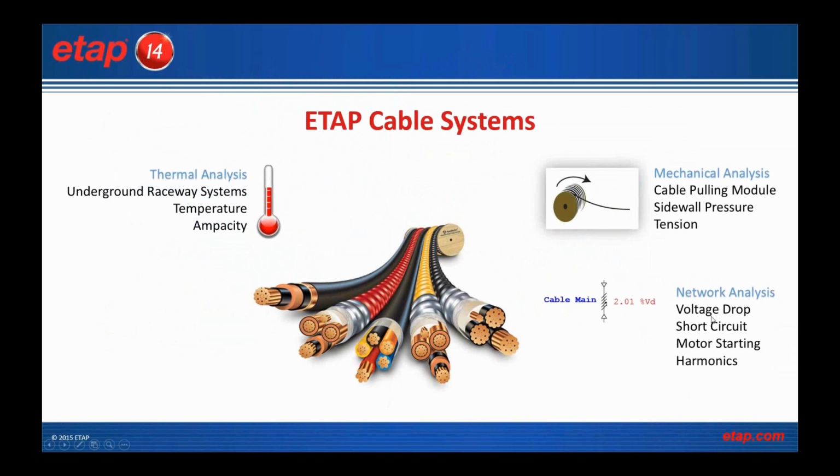We can also do network analysis, so we can do voltage drop calculations, short circuit analysis, motor starting, harmonics, and essentially size the conductor based on different types of network calculations.